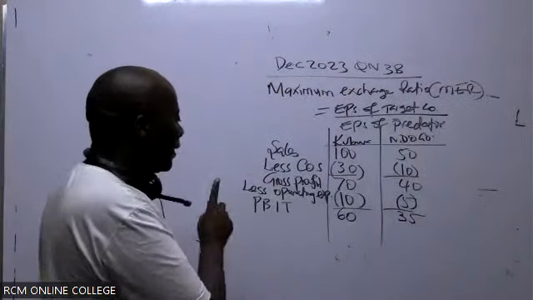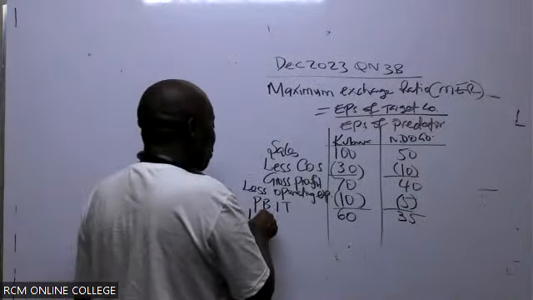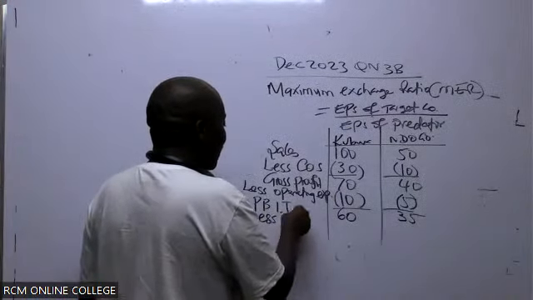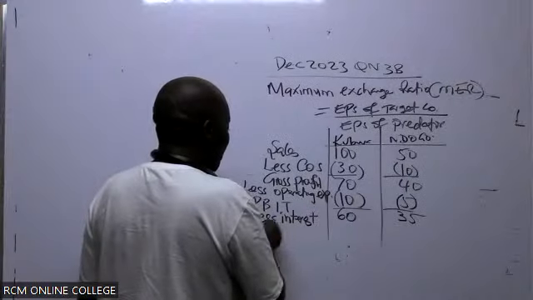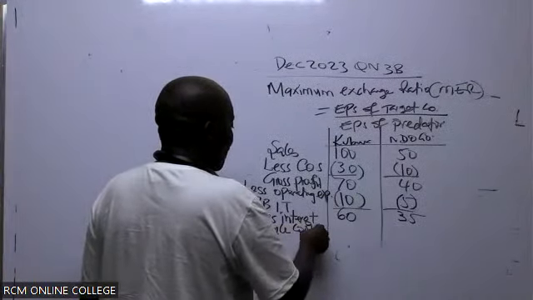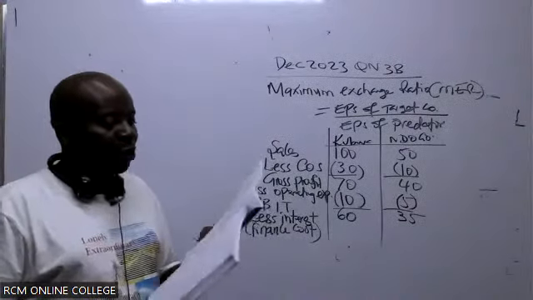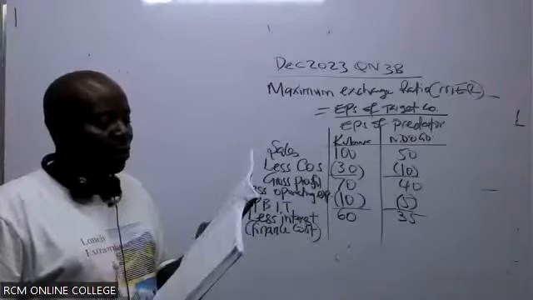En route to getting PAT, the next thing I will do is less interest. Remember, interest is the same as finance cost. Are we able to see the interest here?